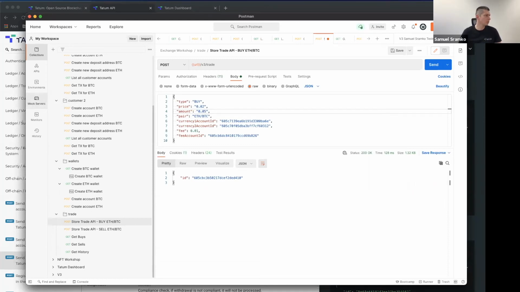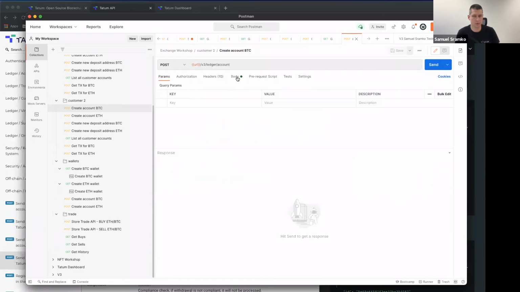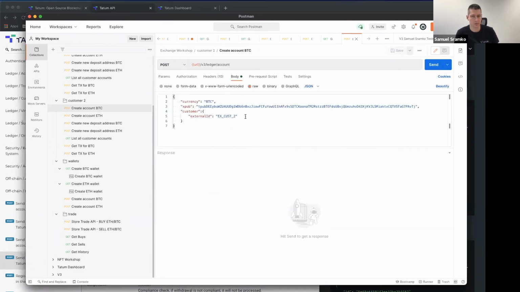How does the built-in compliance engine work? Do I have to set it up? There's a thing I didn't mention from the start, but Tatum has a built-in compliance engine. When you create an account for different customers, you can enable compliance automatically by providing the customer country, for example, US.